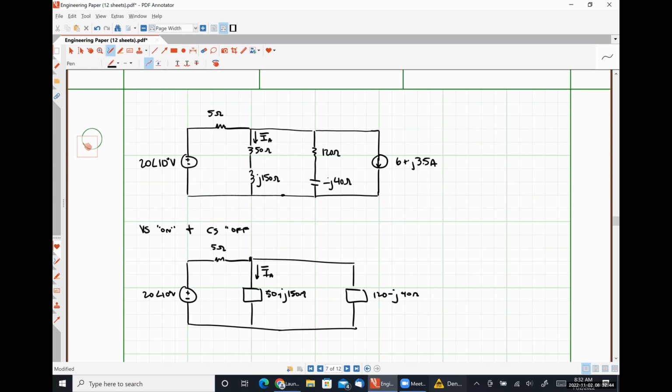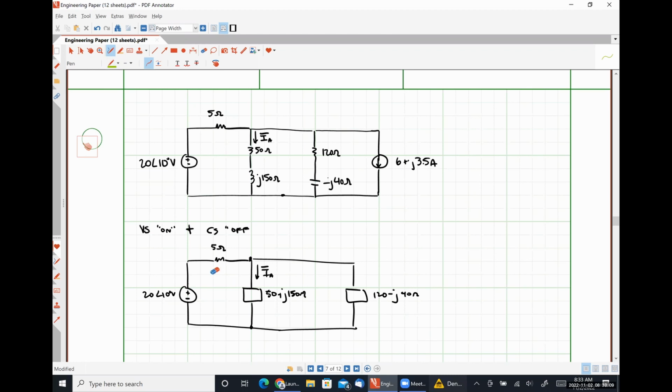So a couple of different ways that we could approach this would be to find the equivalent impedance of these three impedances. The voltage divided by that equivalent impedance would give us this current, and then we could use current division to find the current flowing through IA.